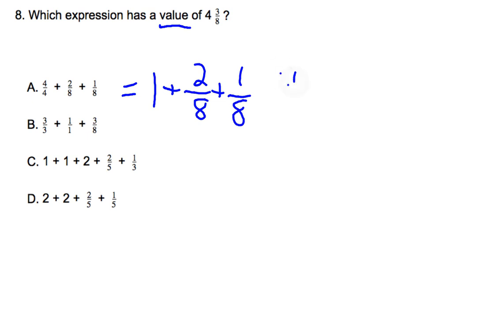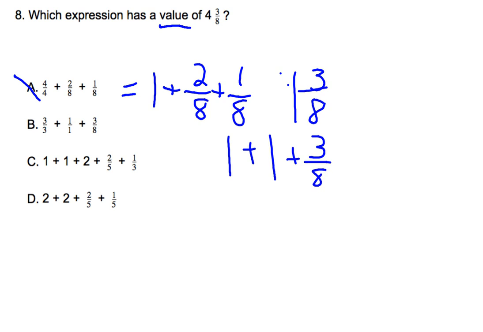This would be 1 and 3/8. This cannot be the answer. Choice B, 3/3 is 1 whole. 1/1 is 1 whole plus 3/8. Choice B is 2 and 3/8, which cannot be the answer.